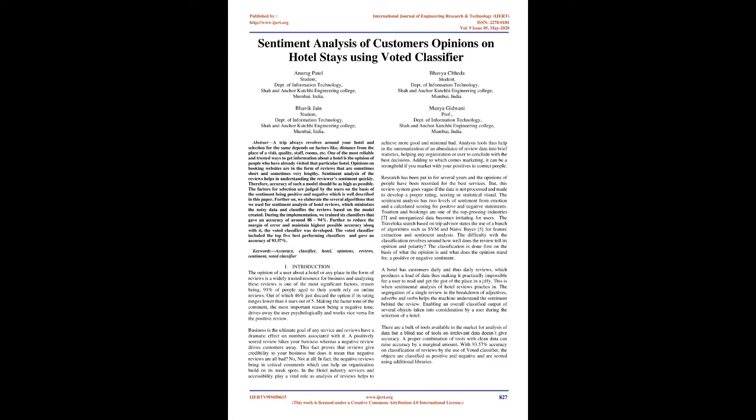Further, to reduce the margin of error and maintain highest possible accuracy along with it, the voted classifier was developed. The voted classifier included the top 5 best performing classifiers and gave an accuracy of 93.57%. Keywords: accuracy, classifier, hotel, opinions, reviews, sentiment, voted classifier.